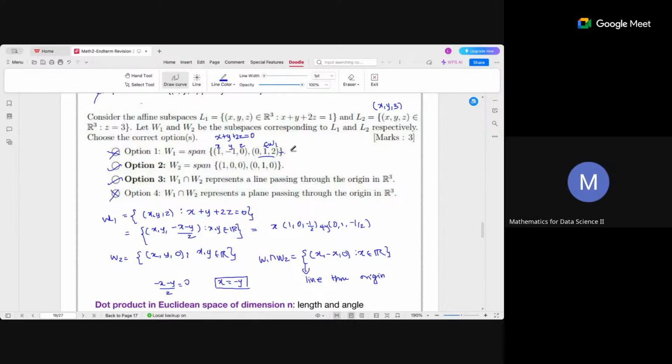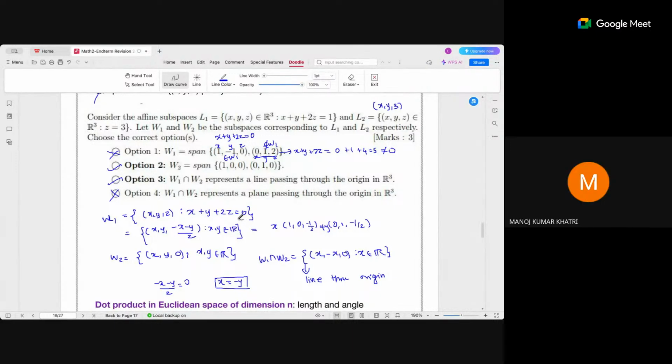And for the second vector, x plus y plus 2z is 0 plus 1 plus 4, which is 5. So this is not 0. For W1, x plus y plus 2z should be 0. So the first vector satisfies this and belongs to W1, but the second does not. Clear? Okay, ma'am. Thank you.